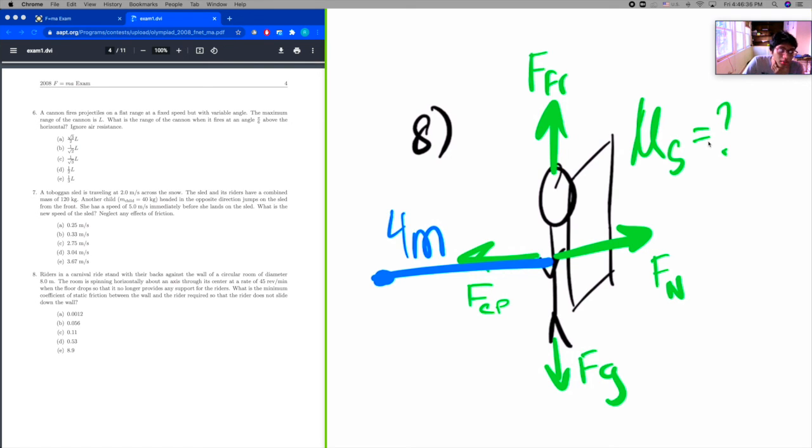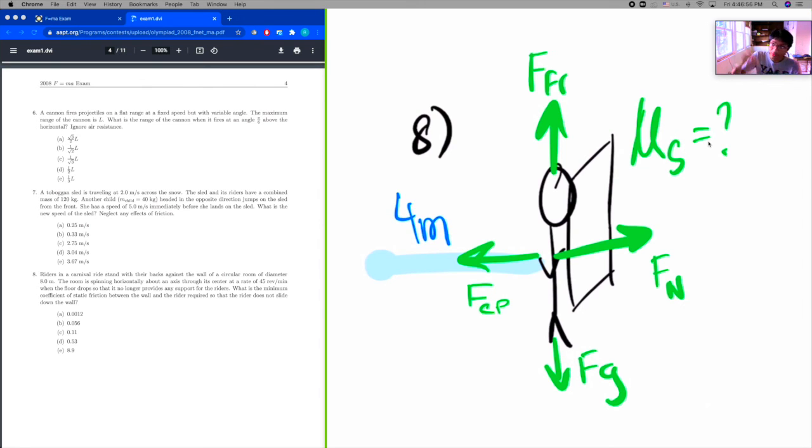What else do we know? We know that the room is spinning horizontally about an axis through its center at a rate. It would help if I drew things in transparent color. So that would be 4 meters, 4 meters.